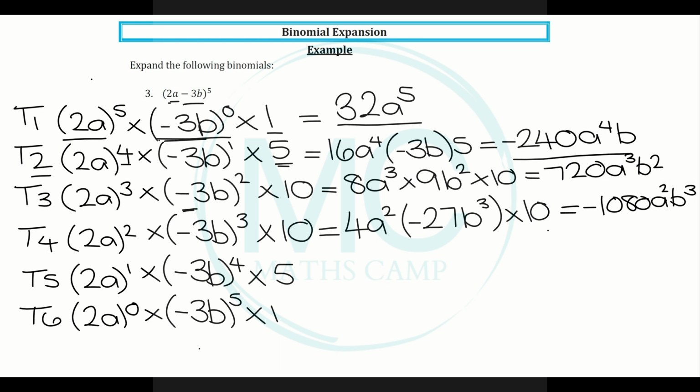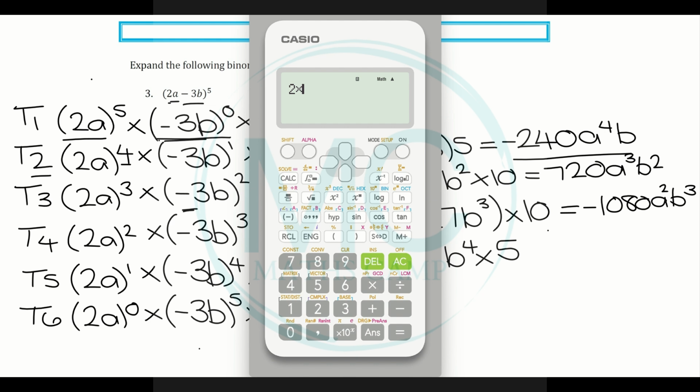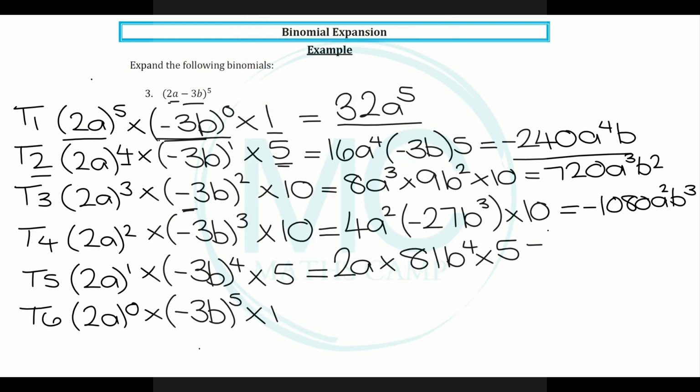Let's do our fifth term. Anything with an exponent of 1 remains the same. So now we have 2a multiplied by negative 3 with an exponent of 4 gives me positive 81. It becomes 81b with an exponent of 4 multiplied by 5. Take my calculator. 2 multiplied by 81 multiplied by 5 is equal to 810.